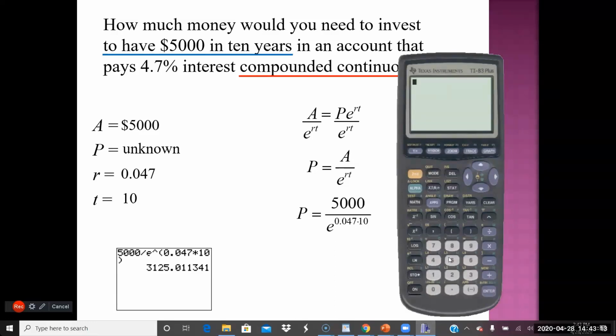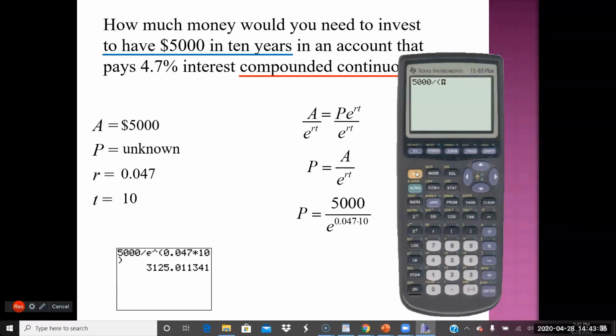Clear. So I have my 5,000. I'm dividing, and I put parentheses. Very important, those parentheses. Then I find my e. On this calculator, it's the yellow one, the same button as the white LN. You see the teeny tiny yellow e to the x.